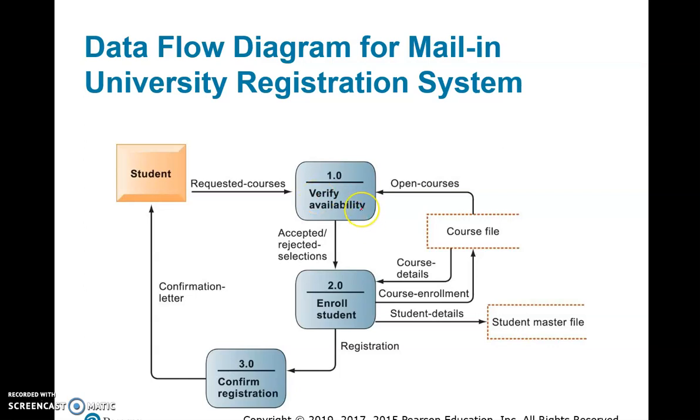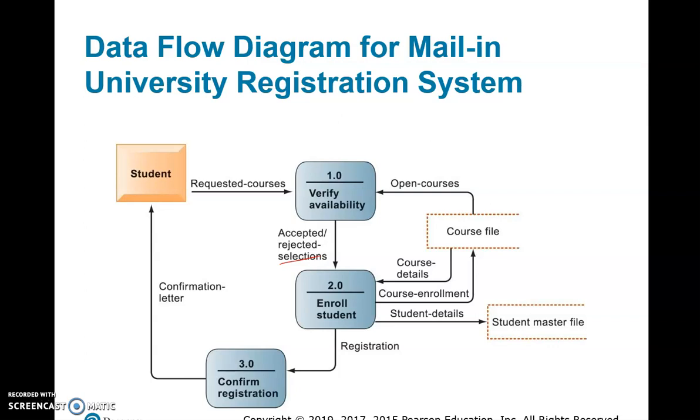And then based on that, it is accepted or rejected. The selections are done by the student, who continues to enroll in the course that they want. Once they enroll, then the system confirms the registration to the student and maybe even sends a confirmation letter.